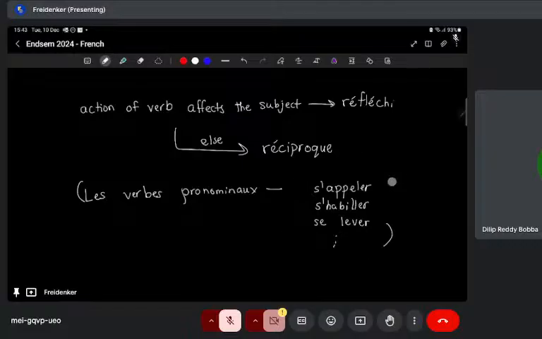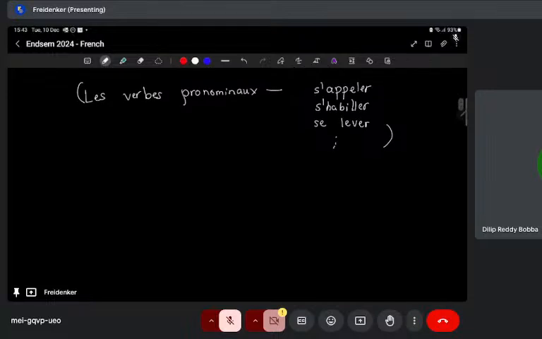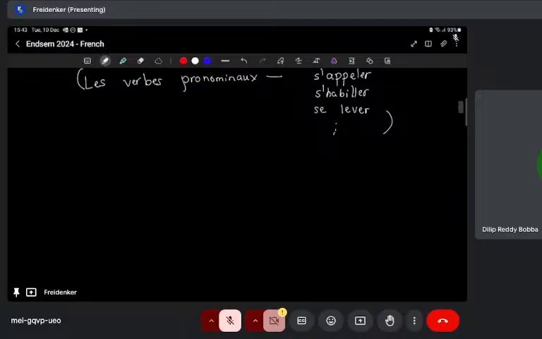For example, in the worksheet, I will just write some verbs. We will see how to decide which one is réfléchi, which one is réciproque. Se parler, se lever, se saluer. They're all in the worksheet, so I will not go into detail.